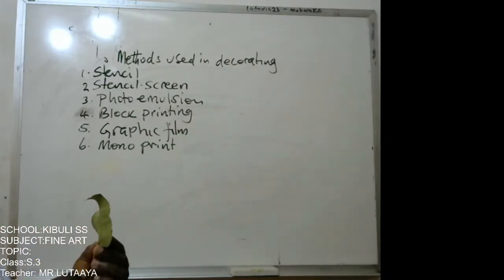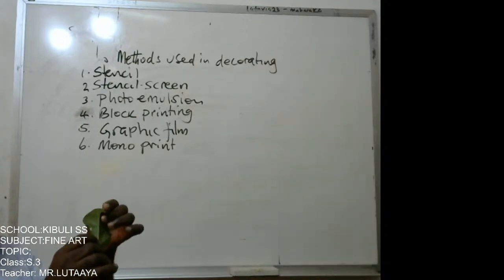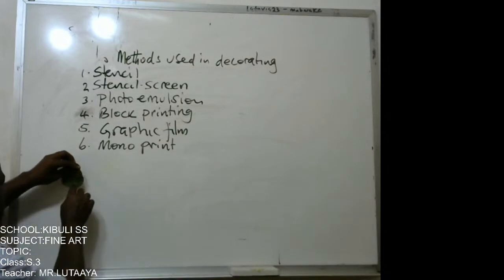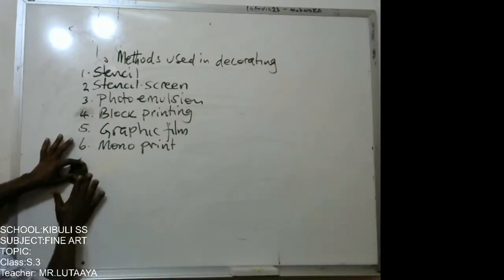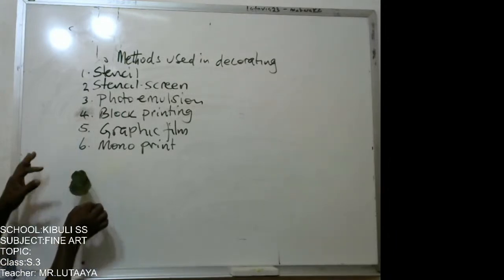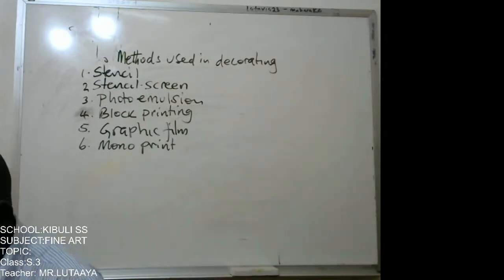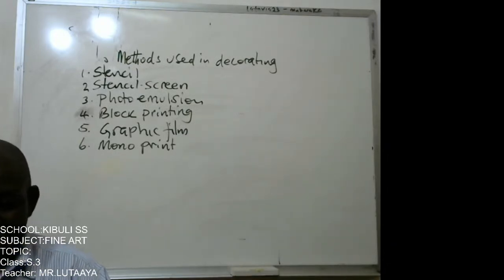We are interested in the veins. Then you place that object on the given surface and press it gently so that you get the desired designs from the object. So members, every kind of design we are looking at has merits, advantages and disadvantages.